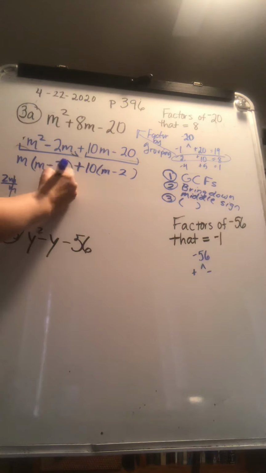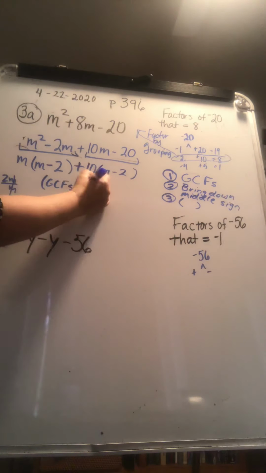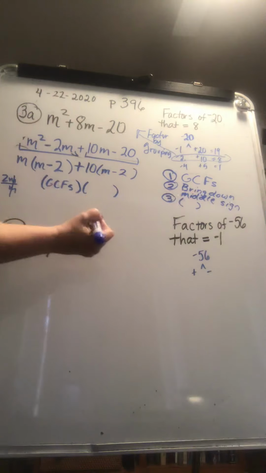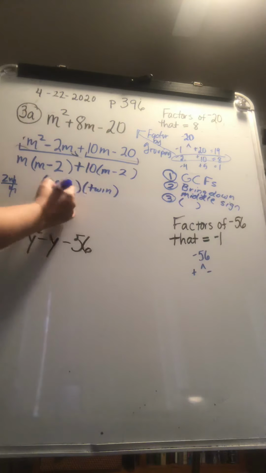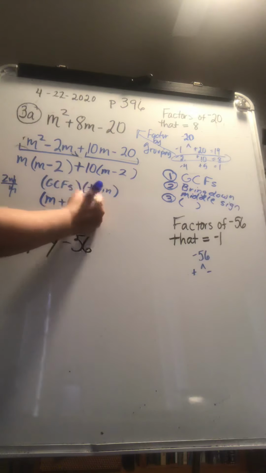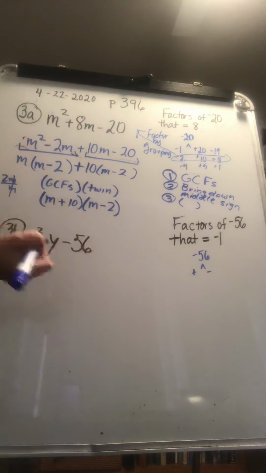So remember, we're going to have our GCFs and we are going to have our twin. So, final answer, m plus 10 and m minus 2. Okay?